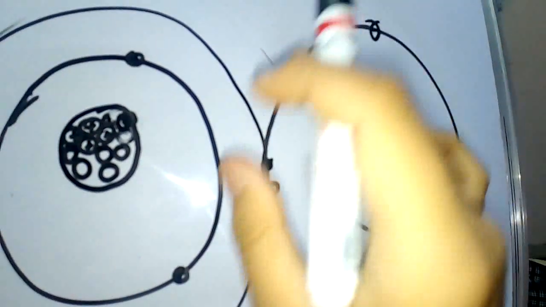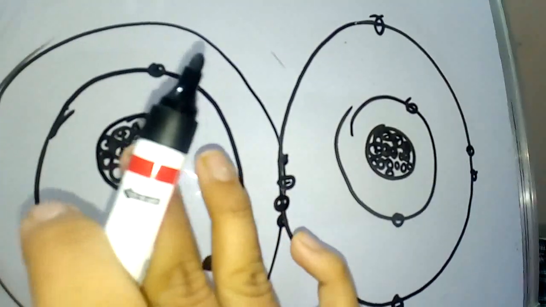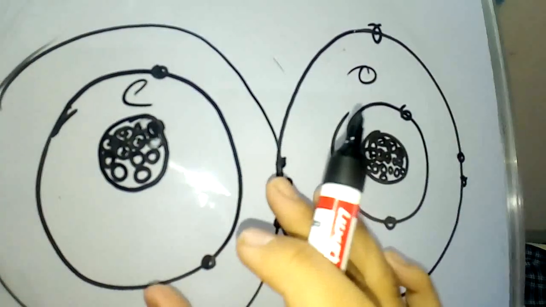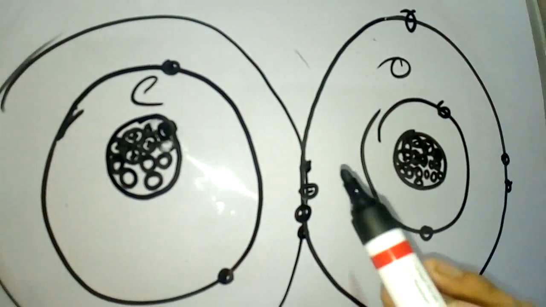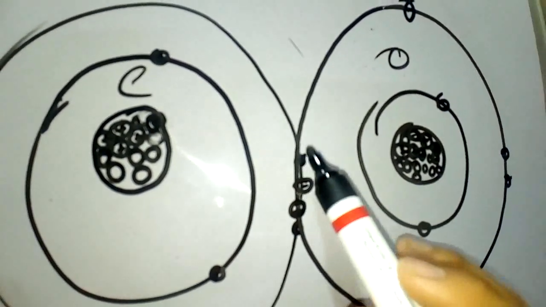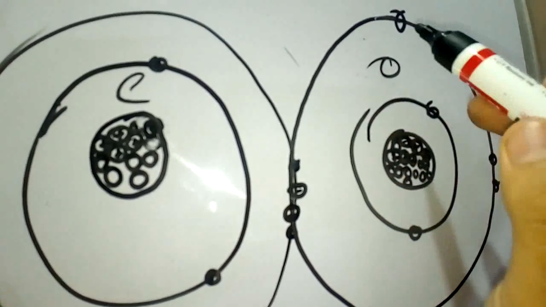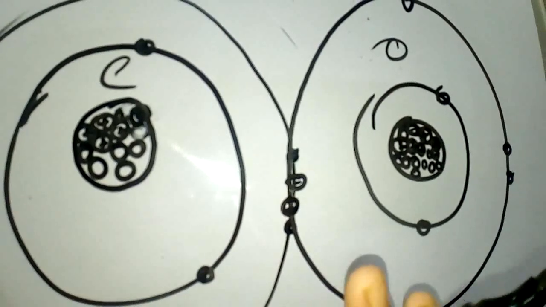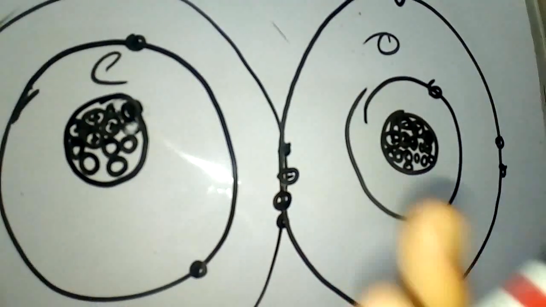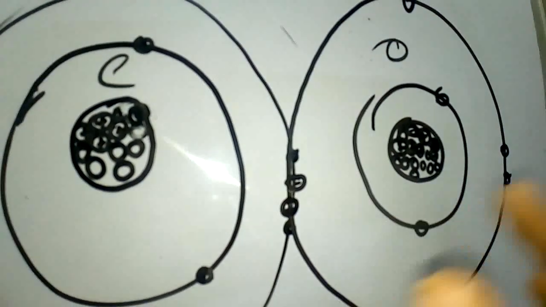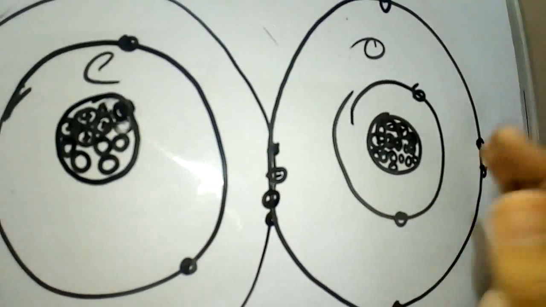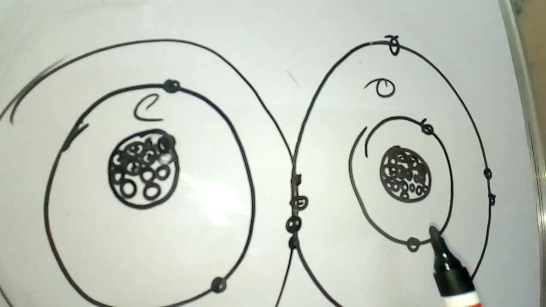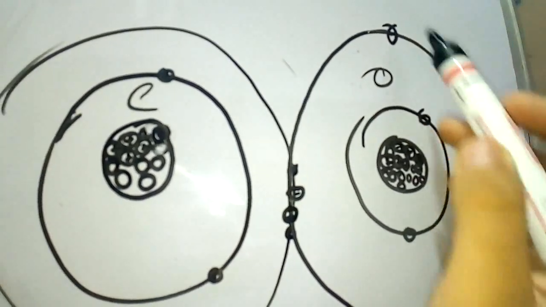Now when oxygen is combining with that carbon atom, these two atoms share their electrons to become stable. Now you can see on this side the oxygen has 8 electrons in its outermost shell.